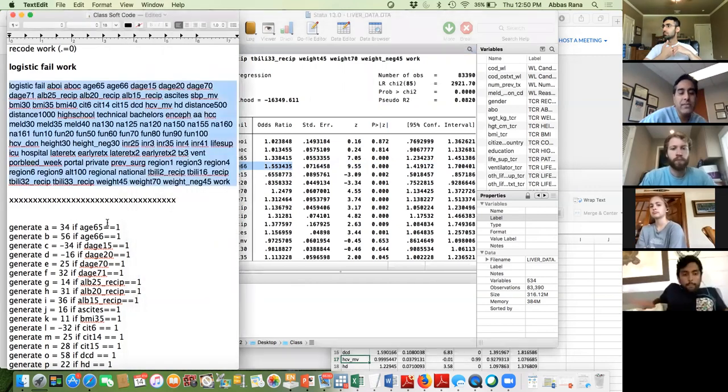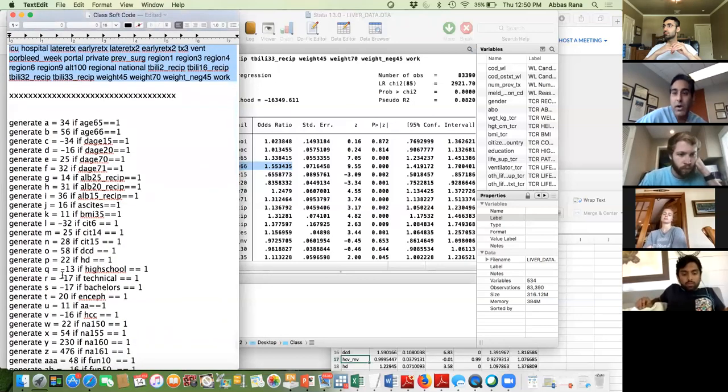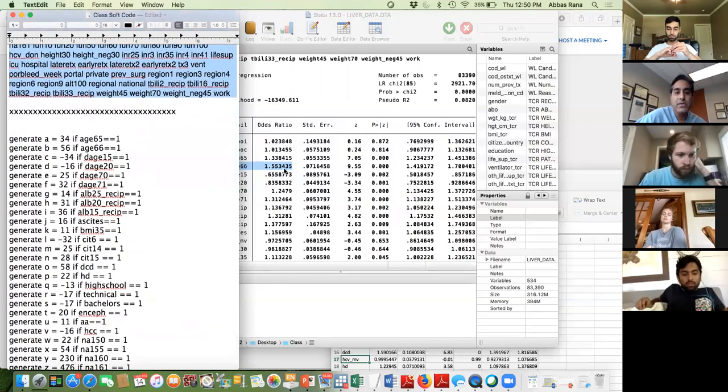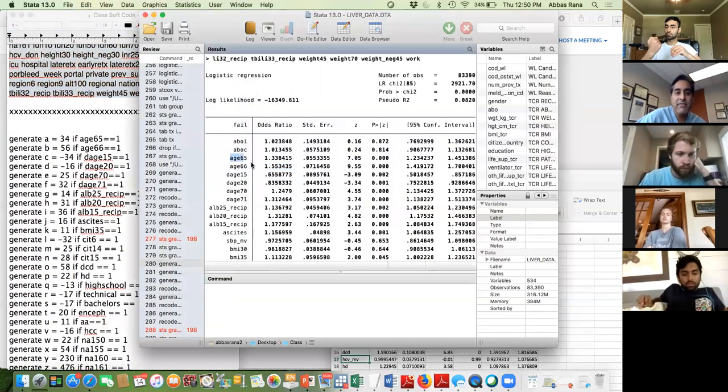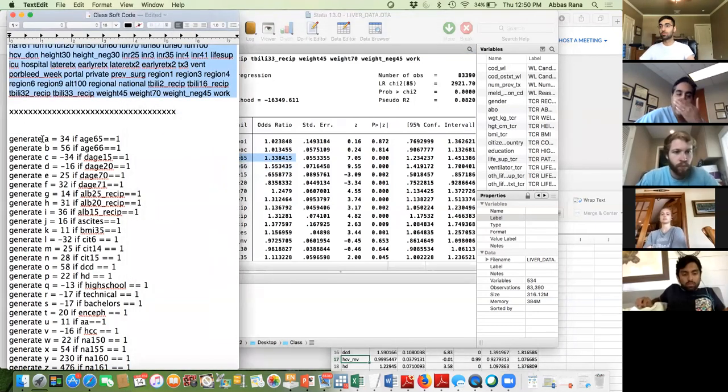Now for this class, what I did was for every percent, I added a point. So I'm generating a score here. For example, age 65 is 34 points, 33.8 rounded to 34. So you say generate A, and I'm making dummy variables. I say A is equal to 34 if age 65 is equal to 1.